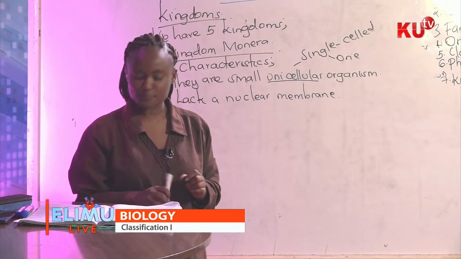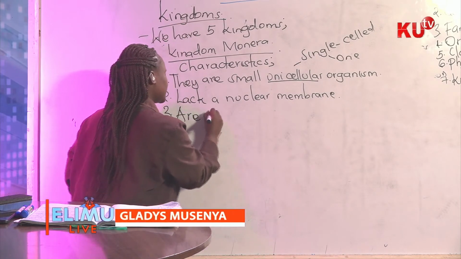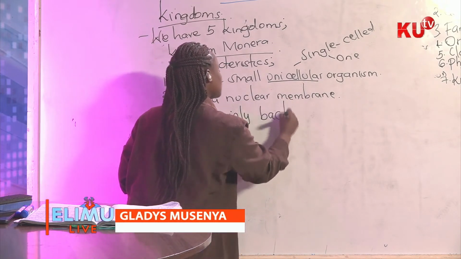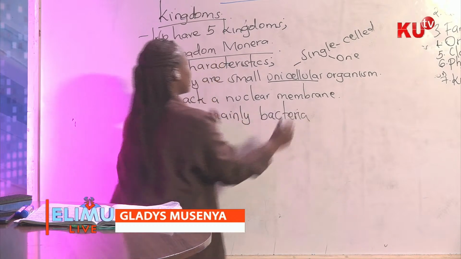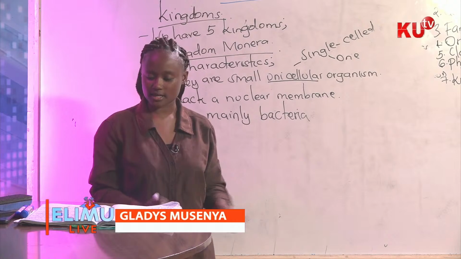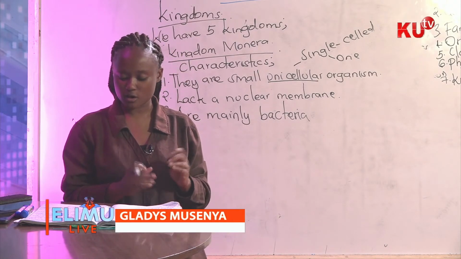The third one, they are mainly bacteria. So bacteria belong to Kingdom Monera. They are mainly bacteria, and then they lack membrane-bound organelles.